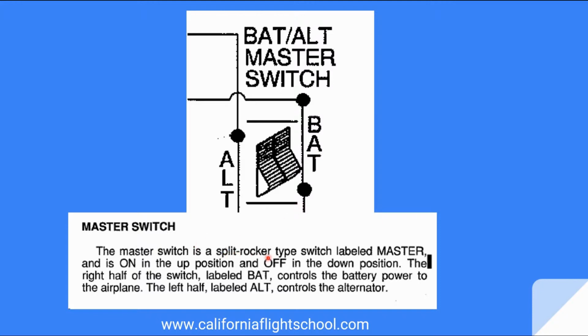The master switch is a split rocker type switch. It's labeled master. It's on in the up position, off in the down position. The right half of the switch, and this is where it gets interesting, labeled BAT, controls the battery power of the airplane. The left half, labeled ALT, controls the alternator.